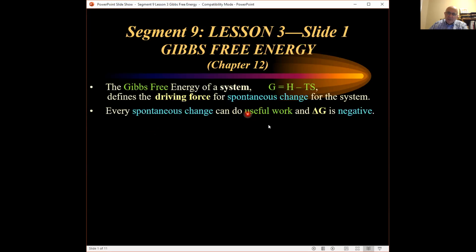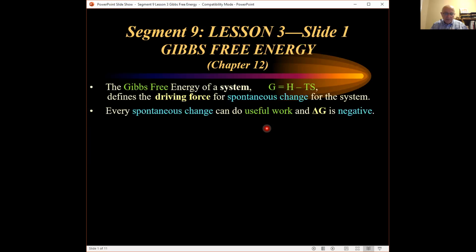Now, what do we mean by useful work? Actually, isn't all kinds of work useful? Well, there's a component of the work that just has to do with the change in volume when we go from initial state to final state.